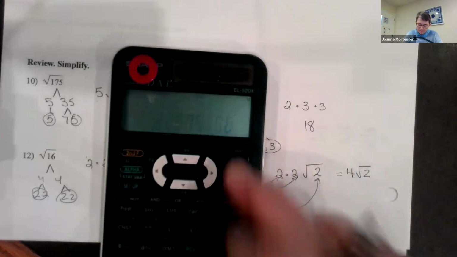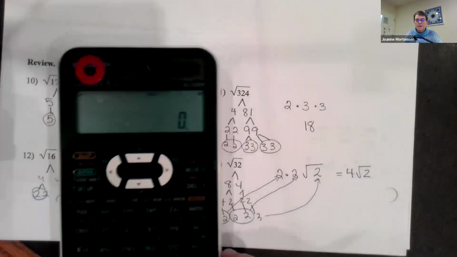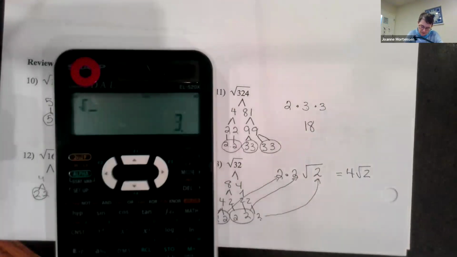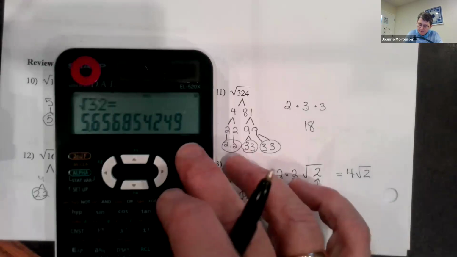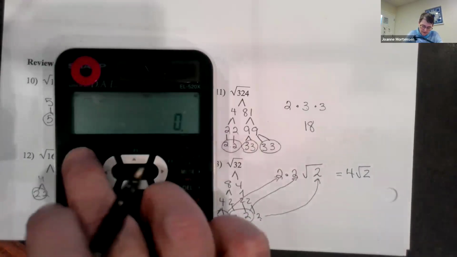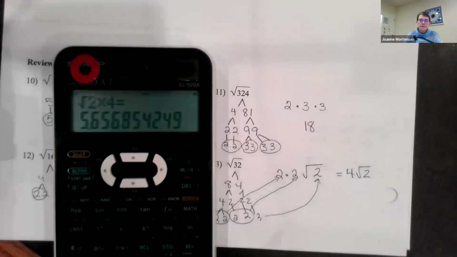Now, yet another one of those, just for fun. Square root 32. Okay, so 5.65. 5.6, good enough. If I take the square root of 2 and I multiply it by 4, ta-da!